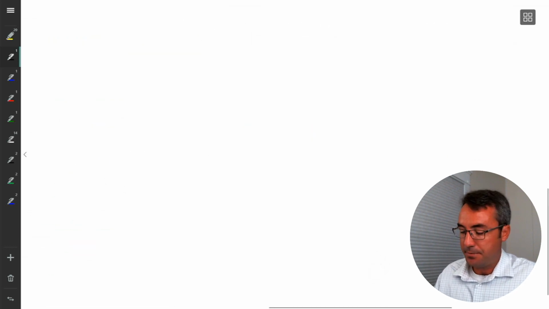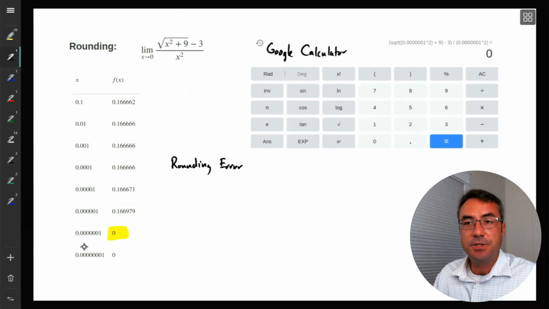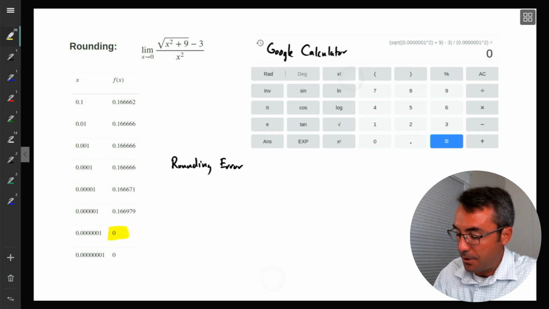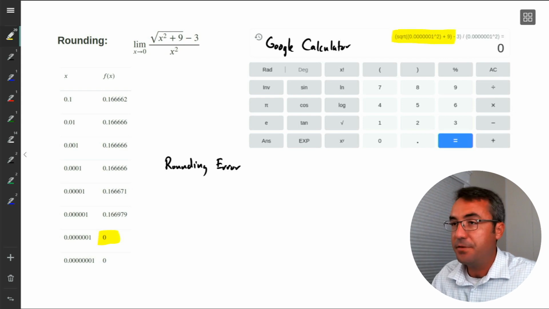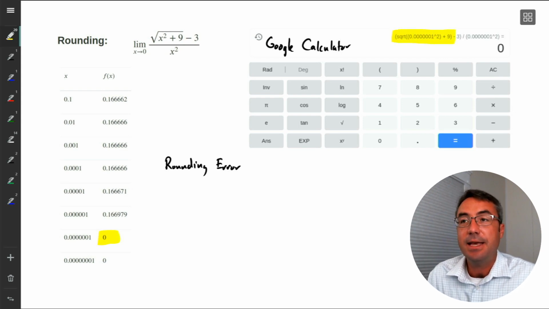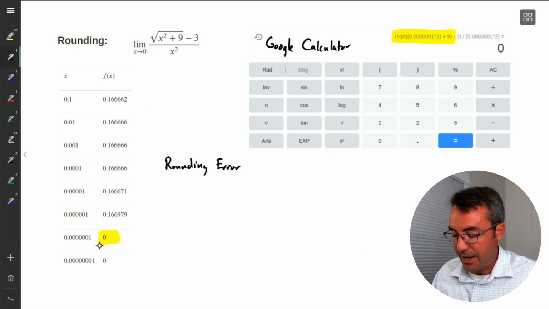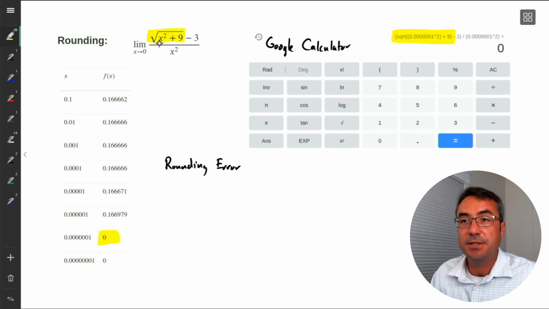But what's happening here in this little example is that this decimal is so small that when we square it, it gets even smaller. So what's happening with the computer is that it interprets this square root of this decimal squared plus 9 as, that decimal squared becomes so small, the computer just thinks it's 0. So the way it's treating this when we have this really small decimal is it's treating this square root part as just square root of 0 plus 9.